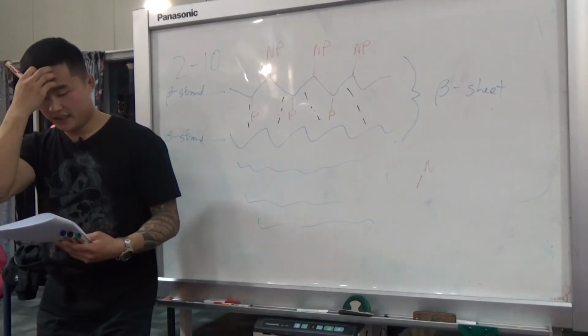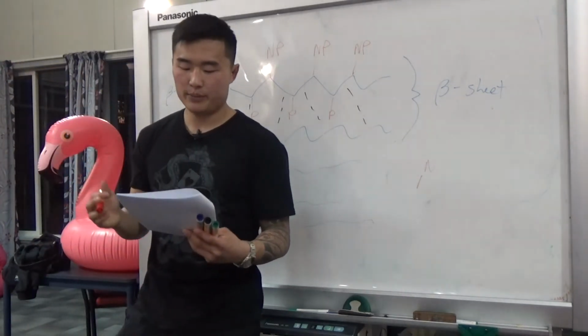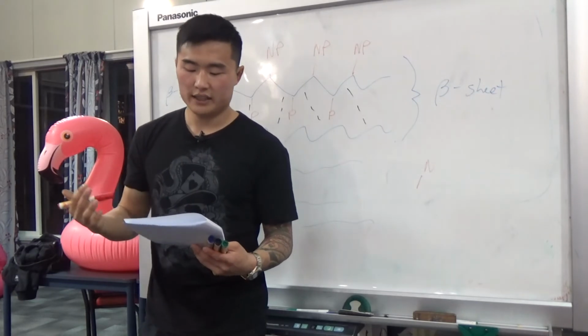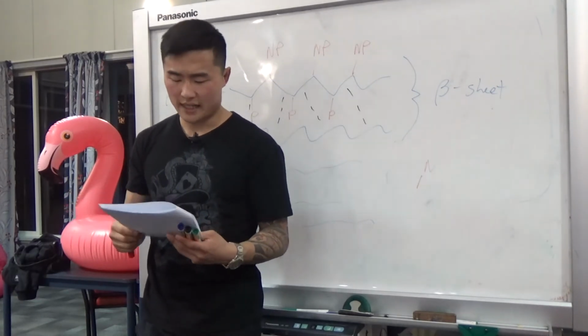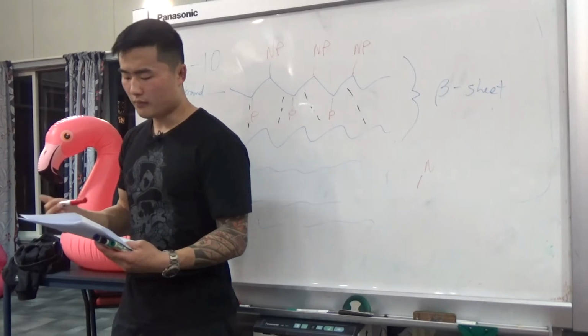And then, number 10: is there any difference in BPG binding affinity between adult hemoglobin and fetal hemoglobin, and why?